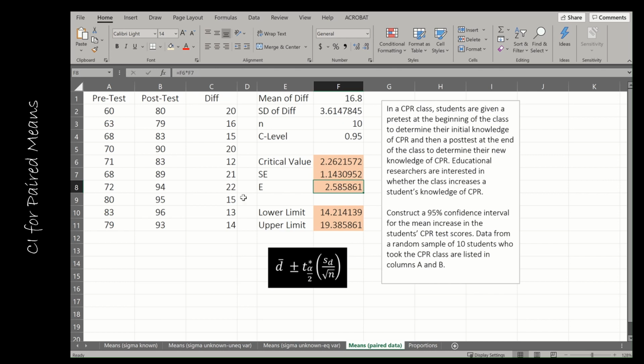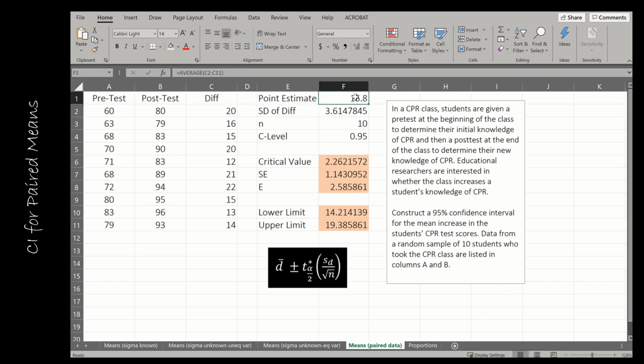Then the lower limit and upper limit are calculated by taking the point estimate. I used mean of differences, but if you wanted to write point estimate here, that's just fine because that's what it is. 16.8 is what we're expecting, and then E, so I'm subtracting 16.8 minus E and then plus E.